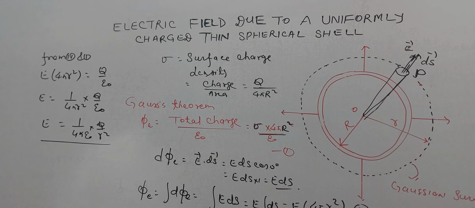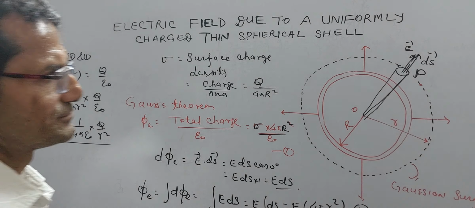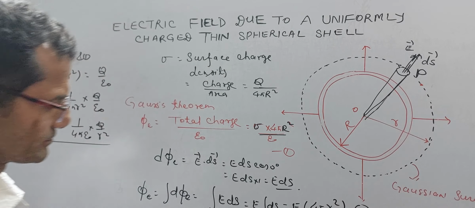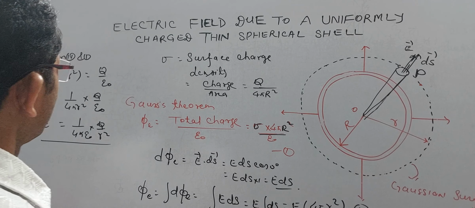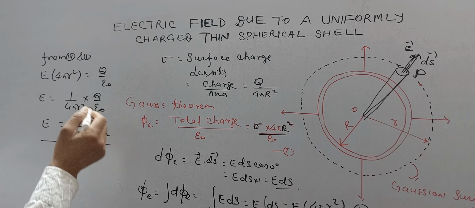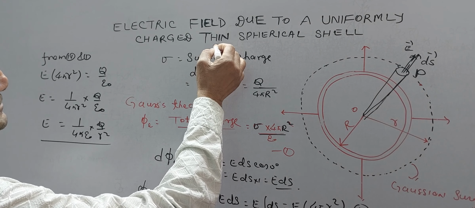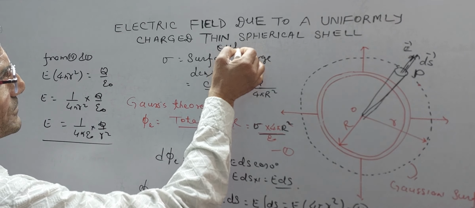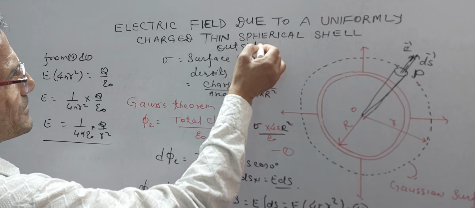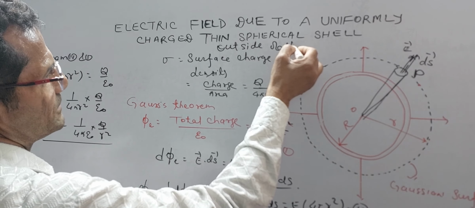This is the electric field at an outer point, the formula for outside of this shell.